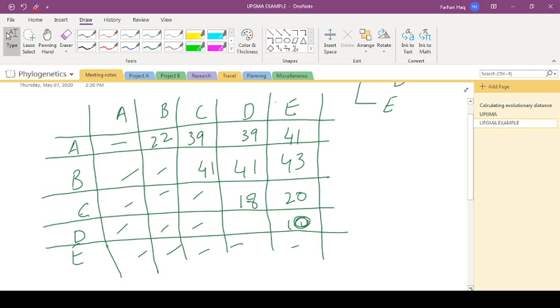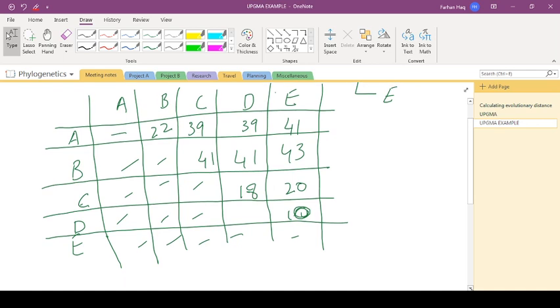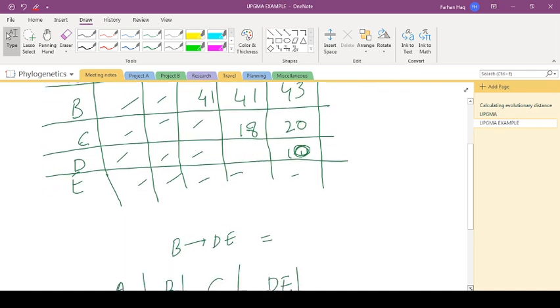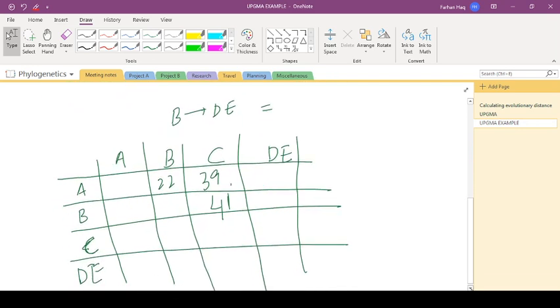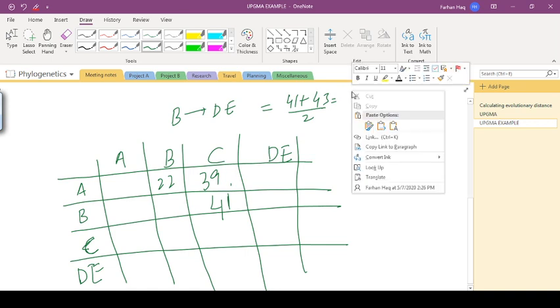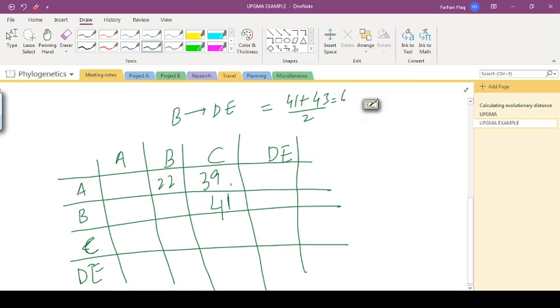So the average distance between B to D and E will be the actual distance in this cell. So what is the average here? 41 plus 43, that is 42, right? So we write here 42.